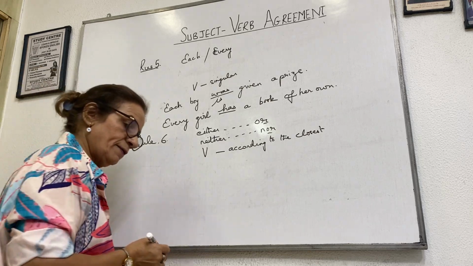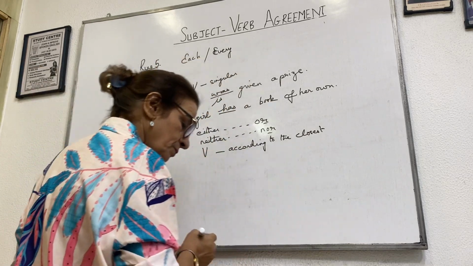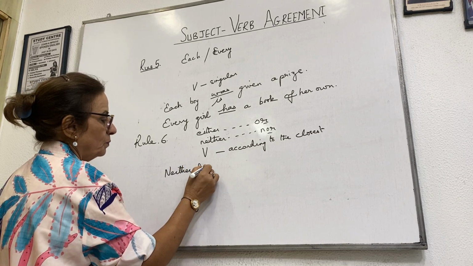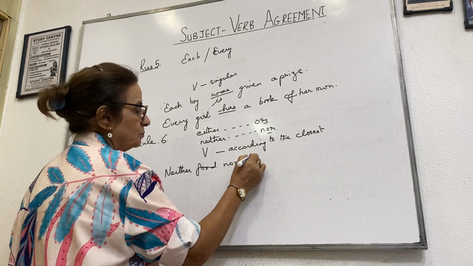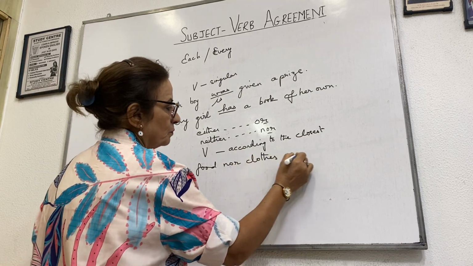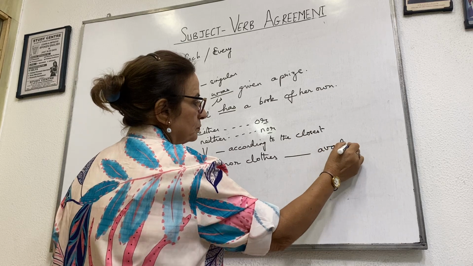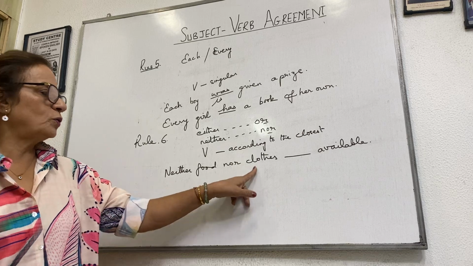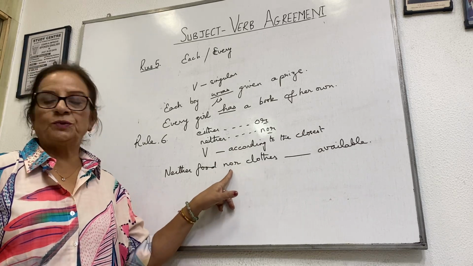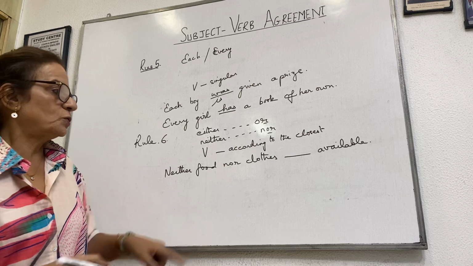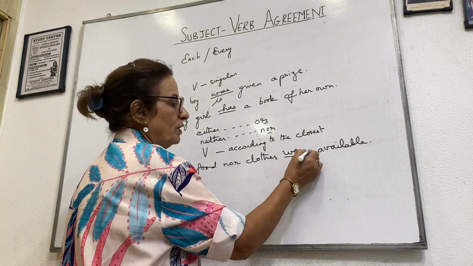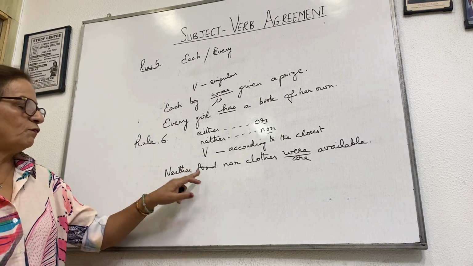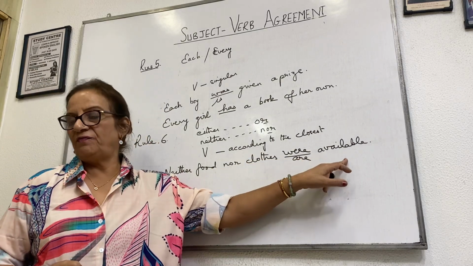For example, I say neither food nor clothes available. So neither food nor clothes. Now what is the subject next to nor? Clothes. It's plural. So it will be plural. Were available. Or we can say are available. Okay. Neither food nor clothes were available.